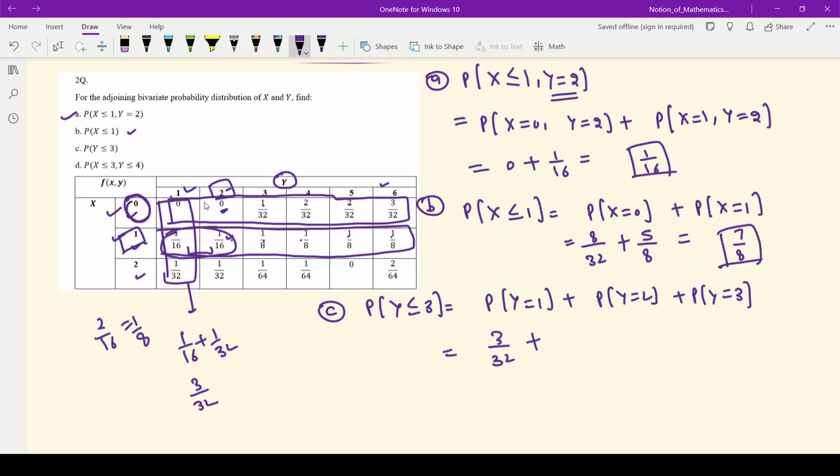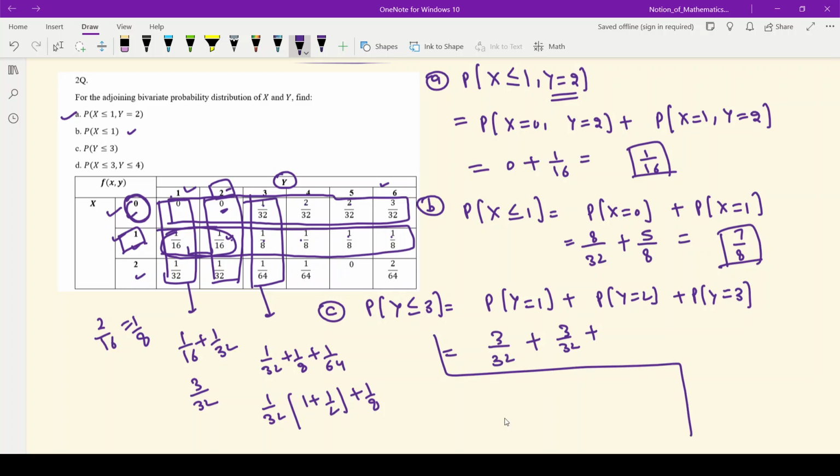Plus probability of y equal to 2, so summation of this column: 1 by 16 plus 1 by 32 is again 3 by 32. Plus probability of y equal to 3 means summation of this particular column, so 1 by 32 plus 1 by 8 plus 1 by 64, or I can write it as 1 by 32 into 3 by 2 plus 1 by 8.